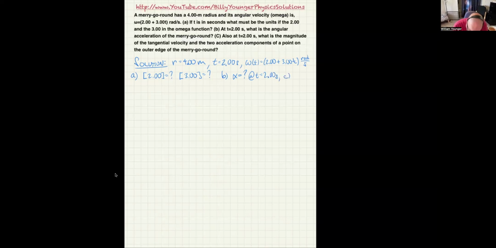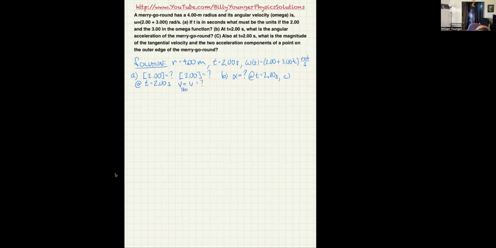In C, at t equals 2.00 seconds, we want to know the magnitude of the tangential or linear velocity, which I'll just call v.